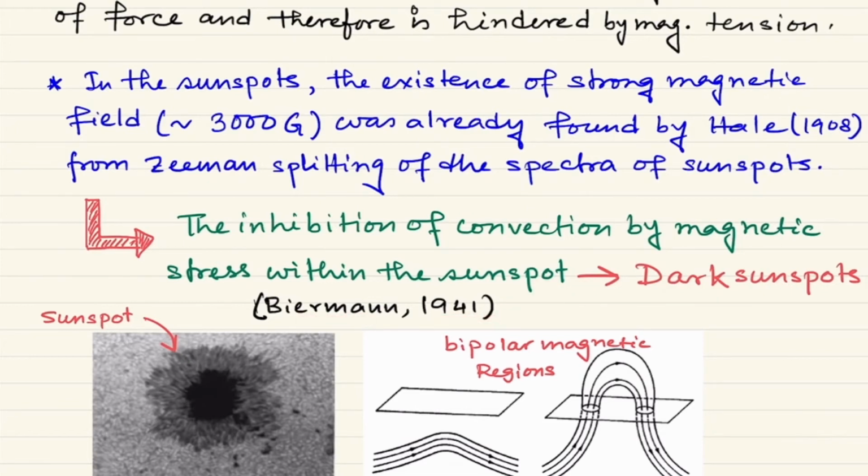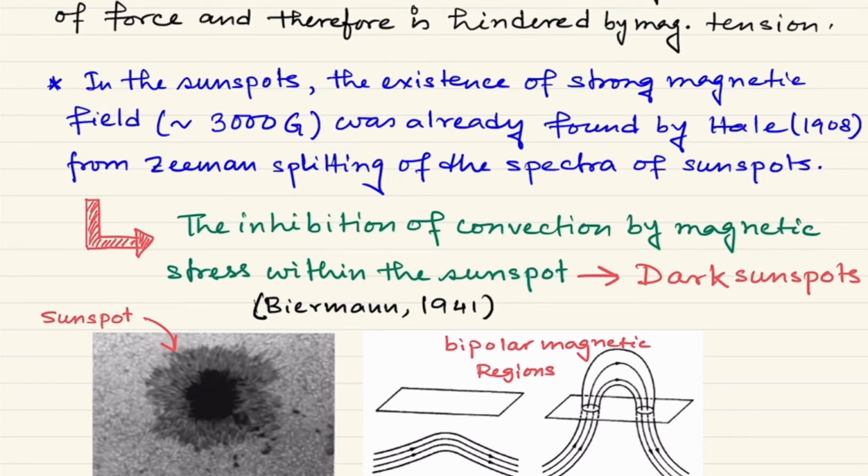Now, just before going to another topic, let me just tell you the dimension of the sunspot. So nothing maybe to do with that, but just for you to have an idea. So the sunspots are of course nearly 10,000 kilometers in size, and actually you can see that there are sunspots in which the total Earth can actually go in.